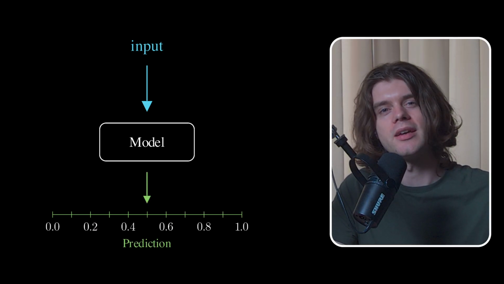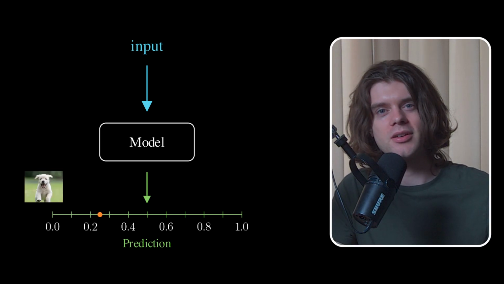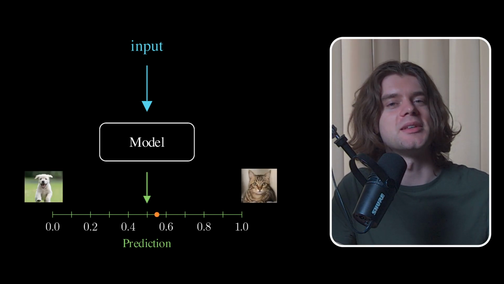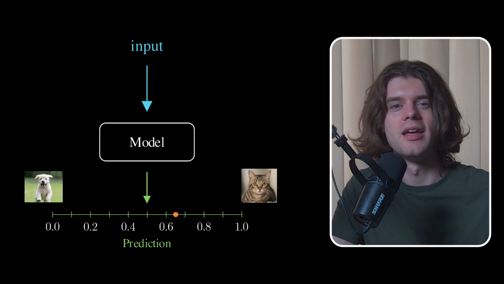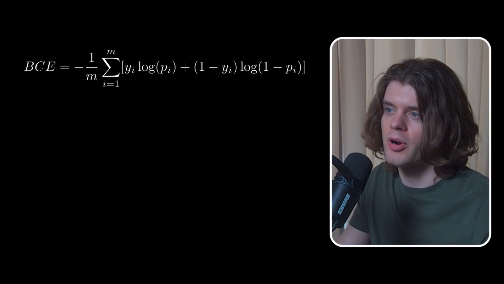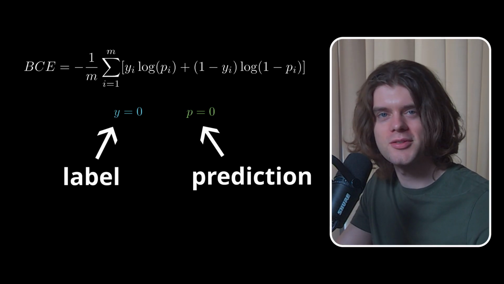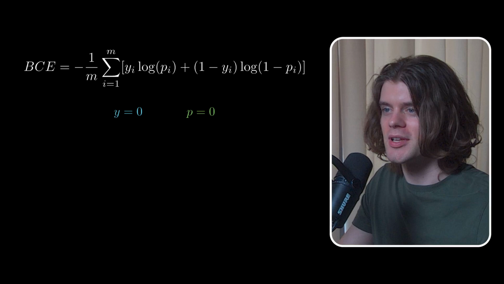We can try to get some intuition about the internal workings of BCE by looking at examples. In this video, we take a look at an image classifier where class 0 means a dog and class 1 means a cat. So let's examine a simple example where our prediction matches label perfectly. The model predicts 0 and the label is also 0. Our model predicts a probability or confidence that is 0, and the true label is also 0 or dog. So the model is absolutely correct.